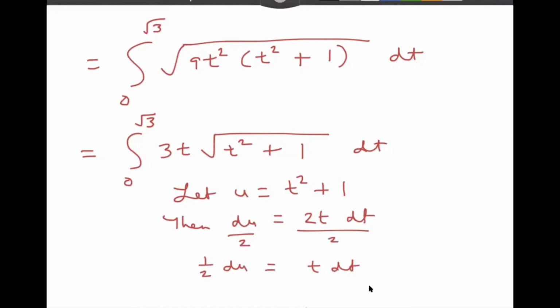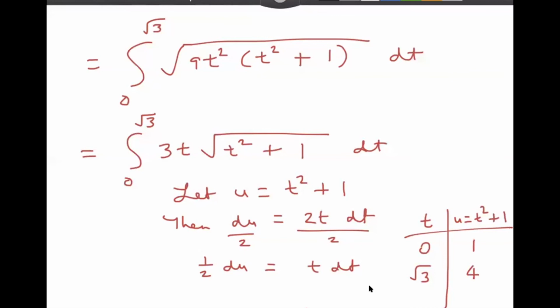And then finally, you know me, I like to replace my t limits with u limits. So if t is going from 0 to the square root of 3, and u is t squared plus 1, that means that u is going to go from 1 to root 3 squared is 3, 3 plus 1 is 4.